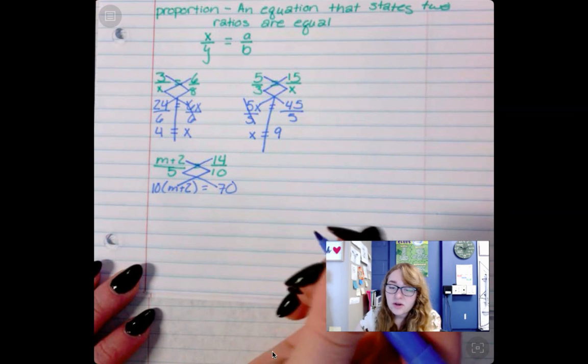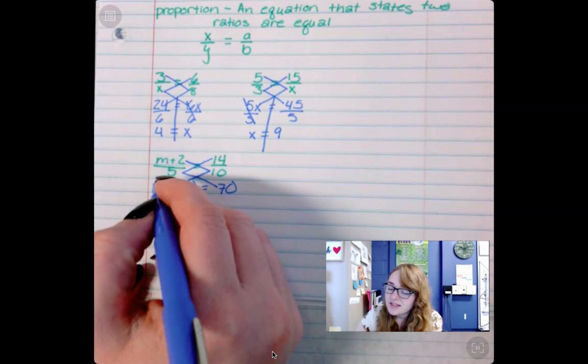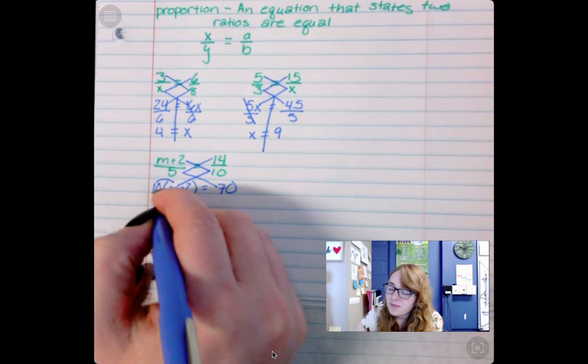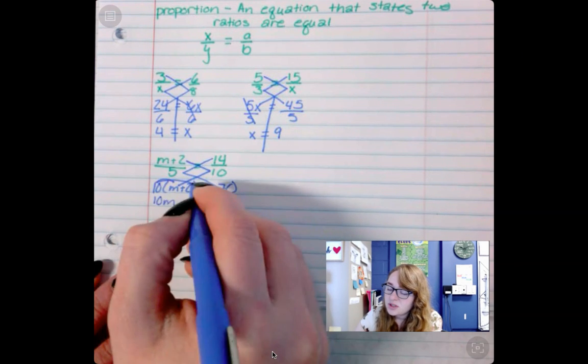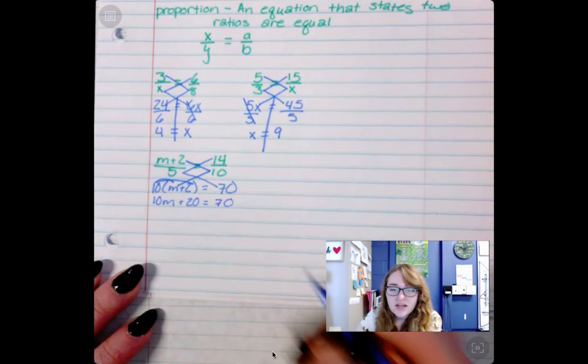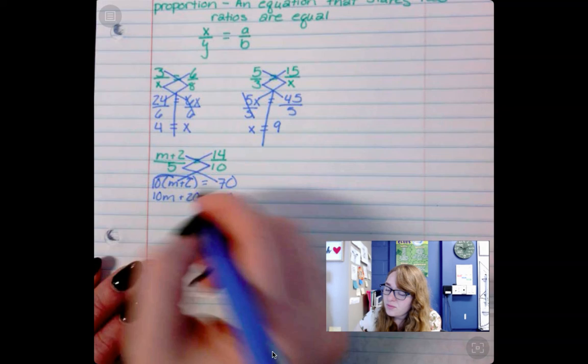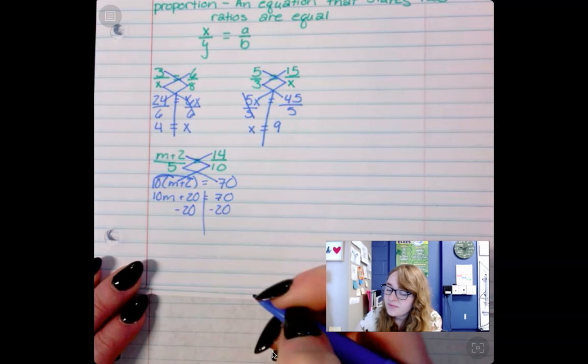To solve for m, the first thing we have to do is distribute. 10 times m gives us 10m, and 10 times 2 gives us 20. That is still equal to 70. We subtract 20 once on each side of the equal sign.